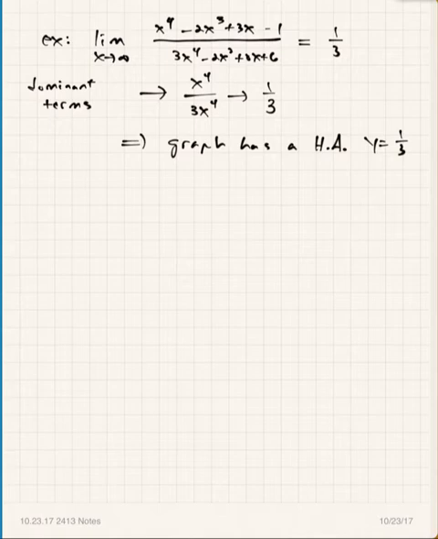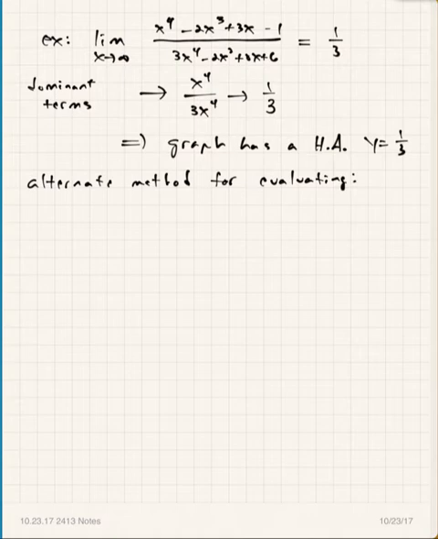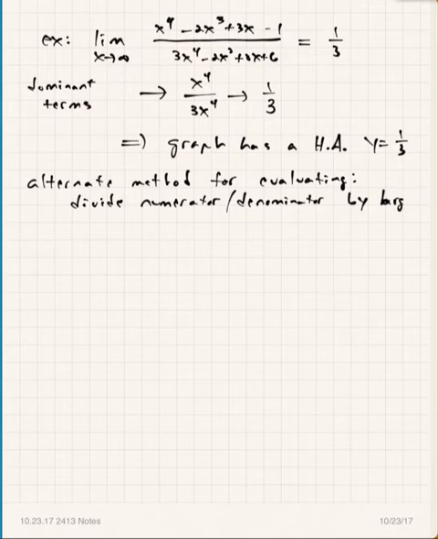So an alternate method for evaluating a limit like this one is to divide the numerator and denominator by the largest power of x that appears anywhere in the expression.